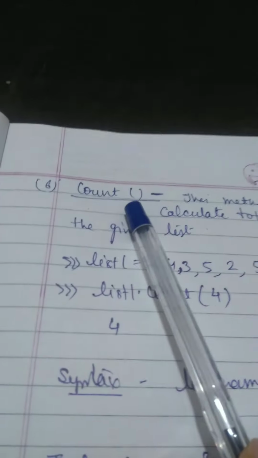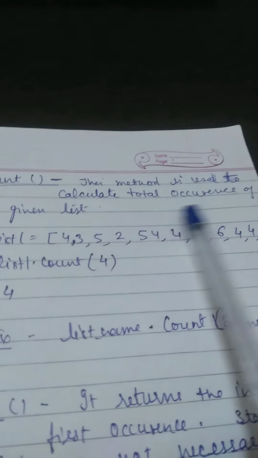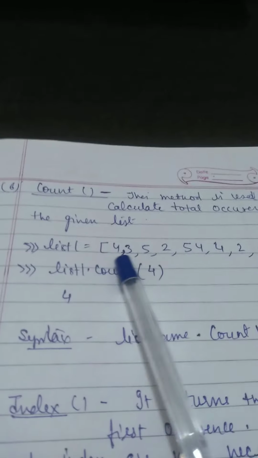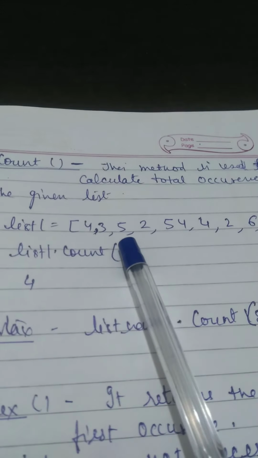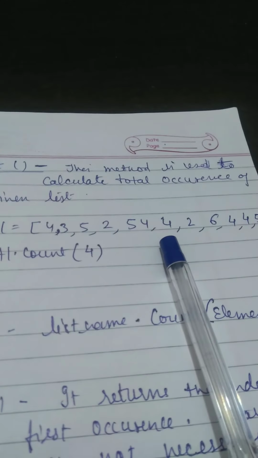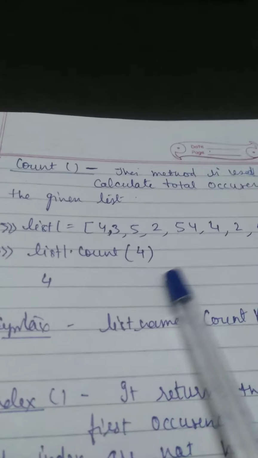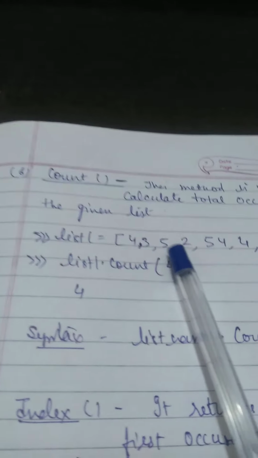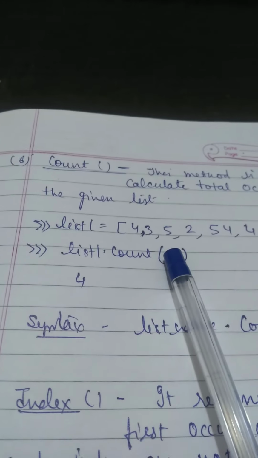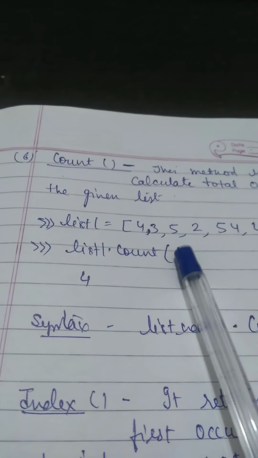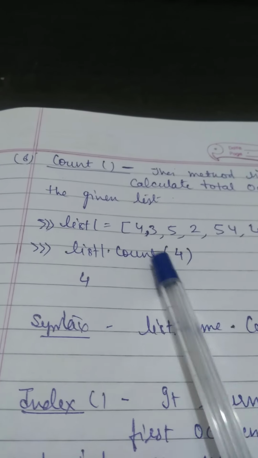Now count function. This method is used to calculate the total occurrences of a given element in the list. Here in list 1 we have the elements 4, 3, 5, 2, 54, 4, 2, 6, 4, 4, 5. We want to know how many times 4 has come in this list. So we can use L1 dot count, and 4 means which number we want to count in this given list.